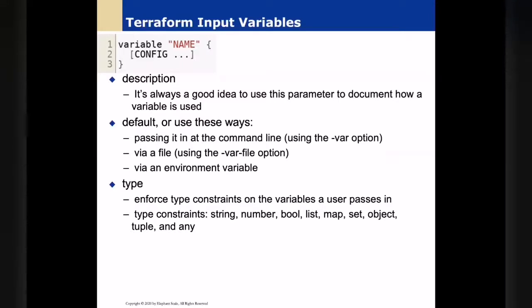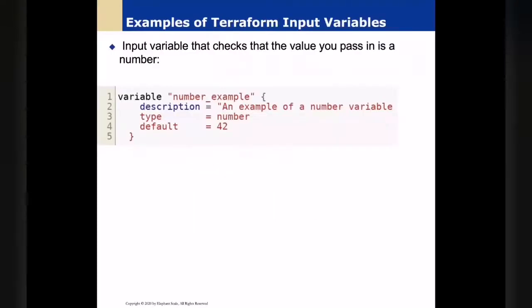And finally, the type. A type is not that important. We can just do the string and that's all. But it's better programming practice so that if you give the wrong type of parameter, then it will complain. So it includes all of the best practices. Let's say you want to put a number. Here is a variable.